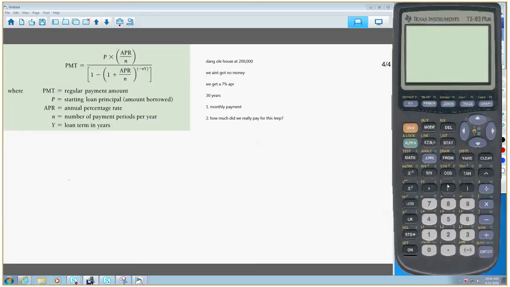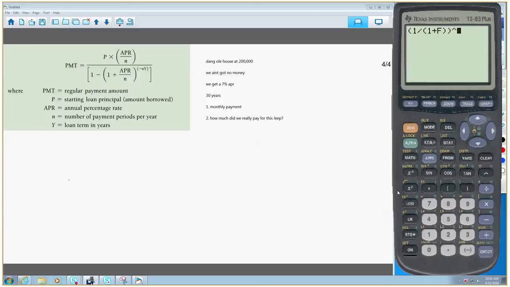And then I'm going to do 1, parentheses, 1 divided by, parentheses, 1 plus alpha fraction, close, and raise that to the what?